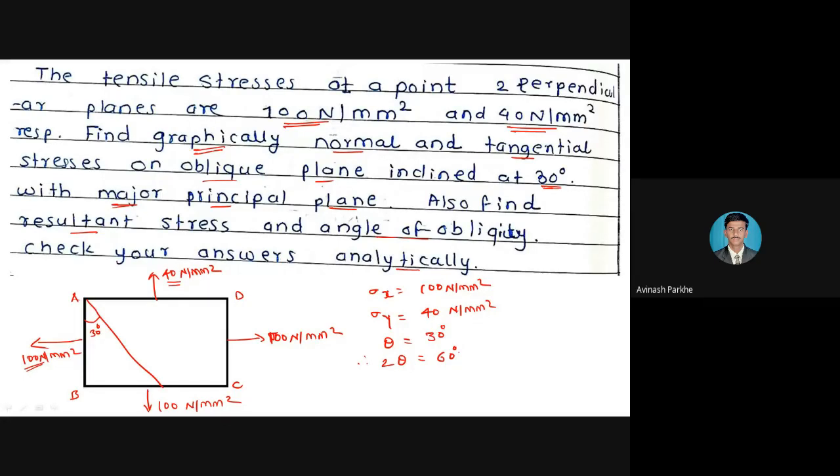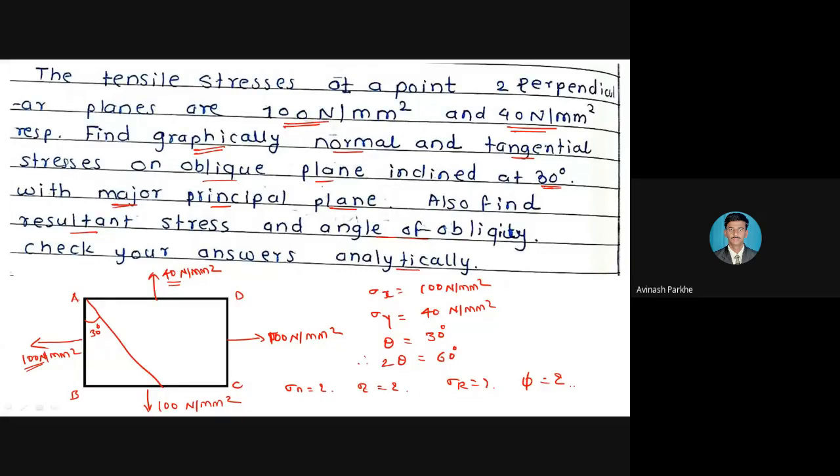If theta is equal to 30 degree, 2 theta is equal to 60 degree, because this 2 theta angle we have to represent on the Mohr circle. And we have to calculate sigma n, sigma t, sigma r and angle of obliquity phi. So these are the 4 parameters we have to calculate.